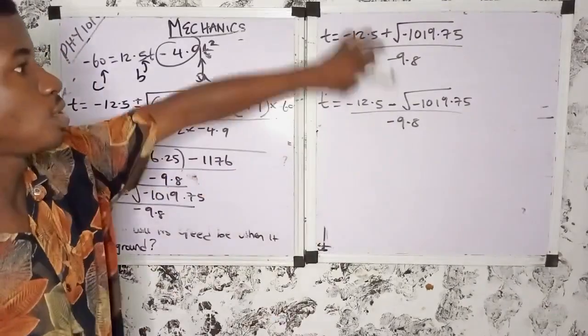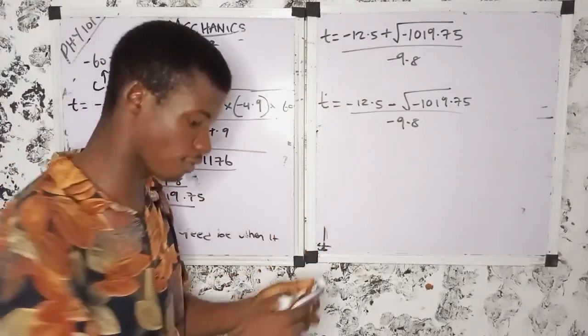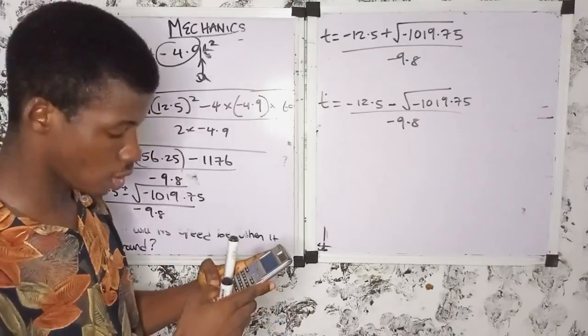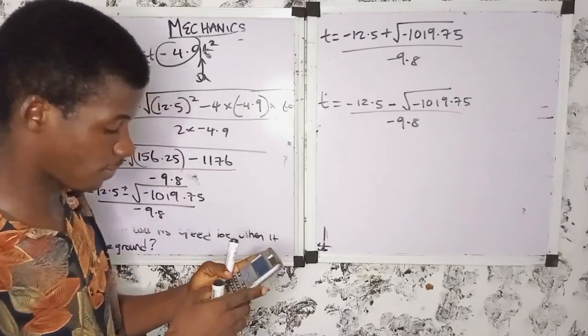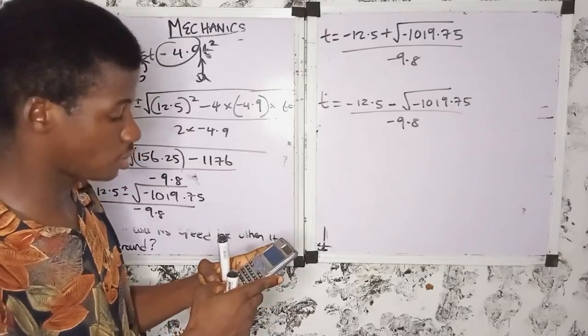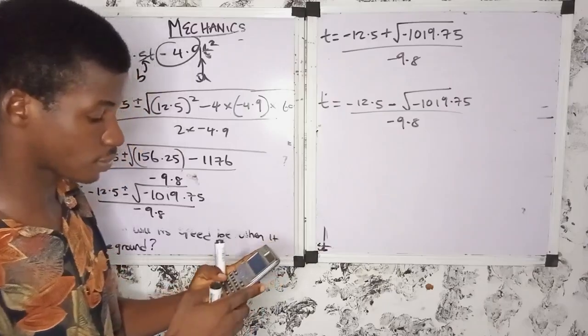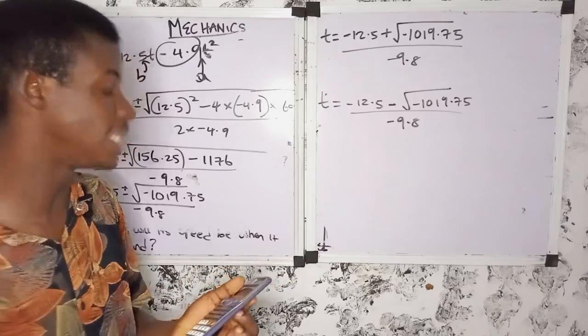So let's solve for this one, then we'll solve for the other one. Let's start with this one first. The square root of 1019.75 gives us 31.93.